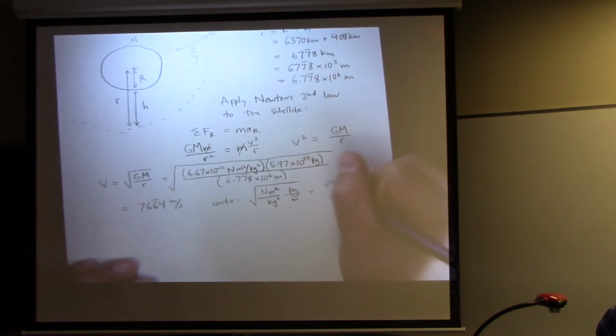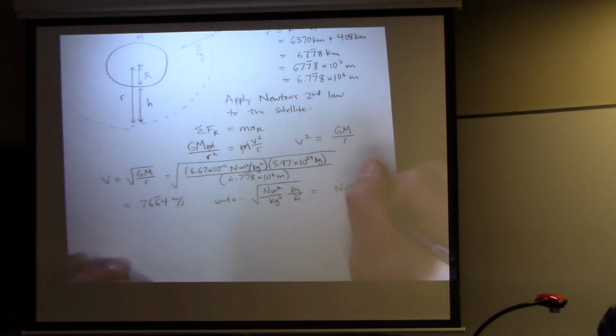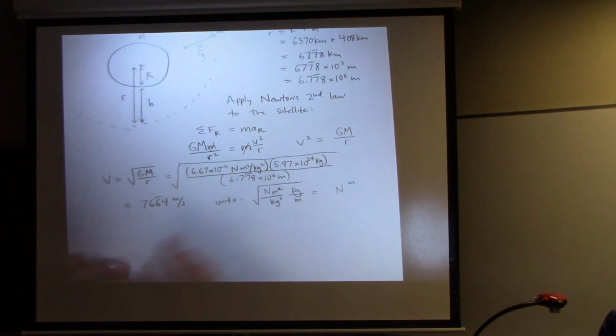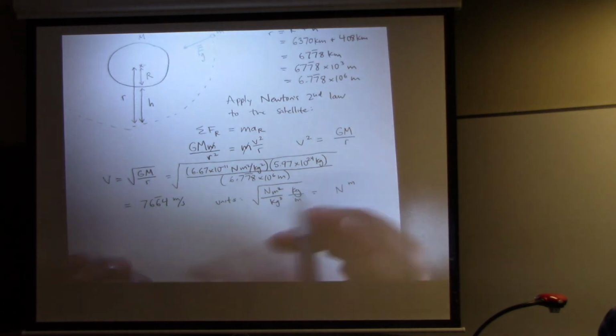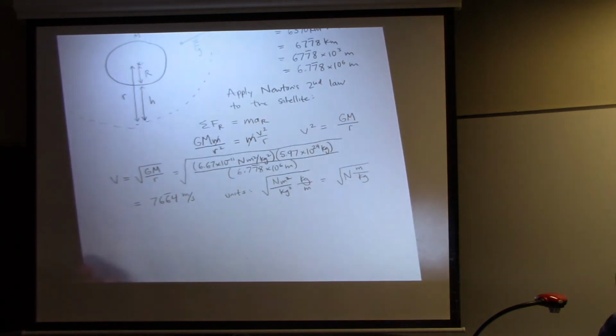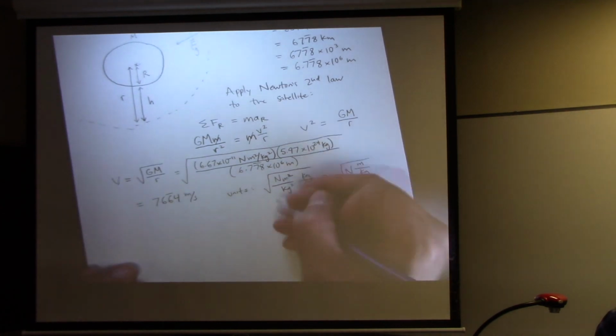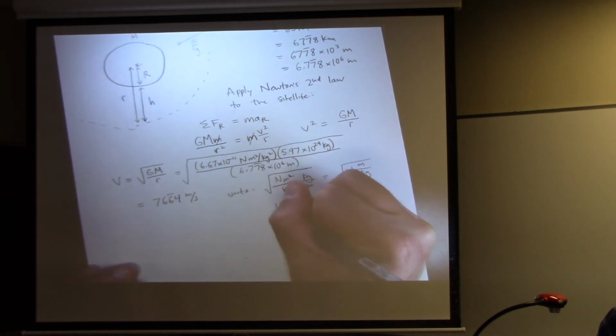Okay, so overall, I can cancel out a couple things. I have newtons. I have one factor of meters on top, because meters squared divided by meters gives me meters. I can cancel out one factor of kilograms, just have one factor of that on the bottom. And then that's under the radical, under the square root. The next thing is to remember that a newton is a kilogram meter per second squared.